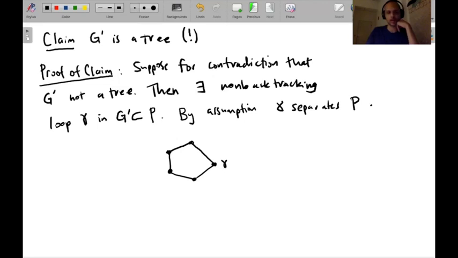So this gamma, and remember that this is gamma inside of G prime, and the edges of G prime are dual to edges of P. Let me not use green, let me use blue. And then the picture is something like this.